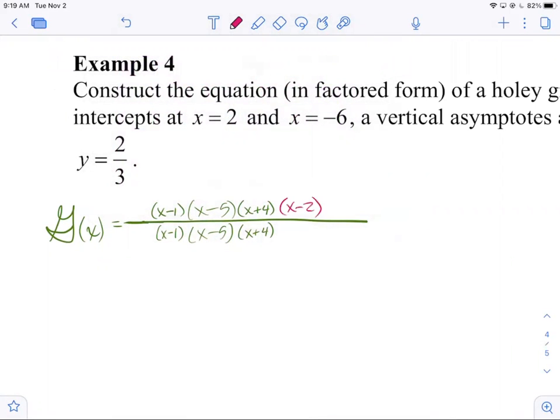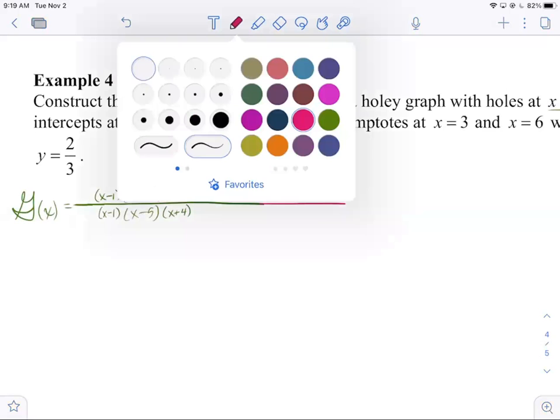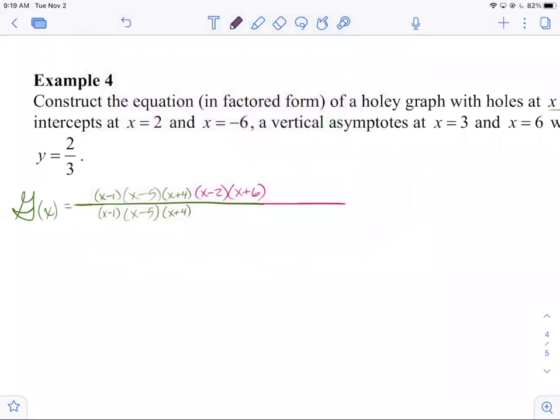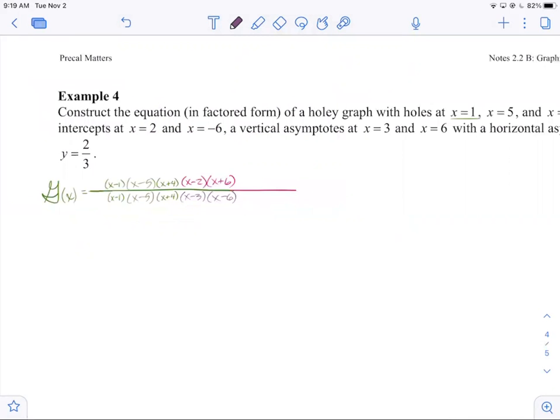So I have an x minus 2 and an x plus 6 just in the top. Now, vertical asymptotes at 3 and 6 are factors just in the bottom. So I'm going to have an x minus 3 and an x minus 6 downstairs. That takes care of all of that.